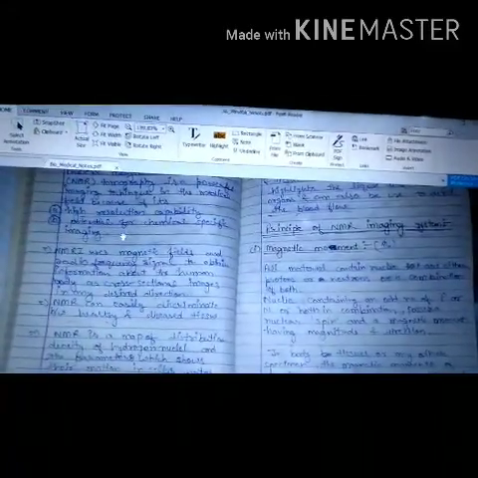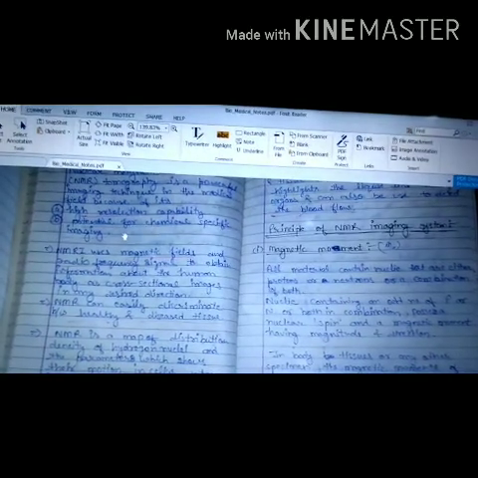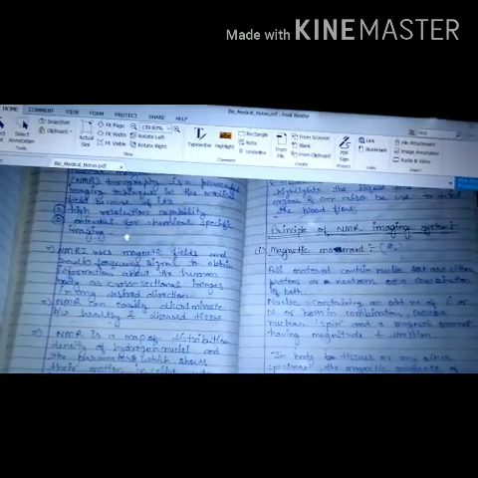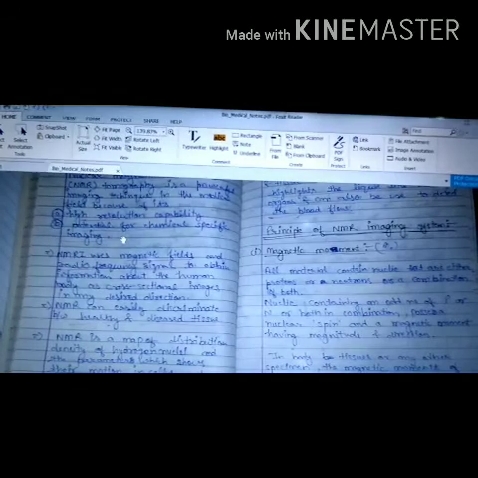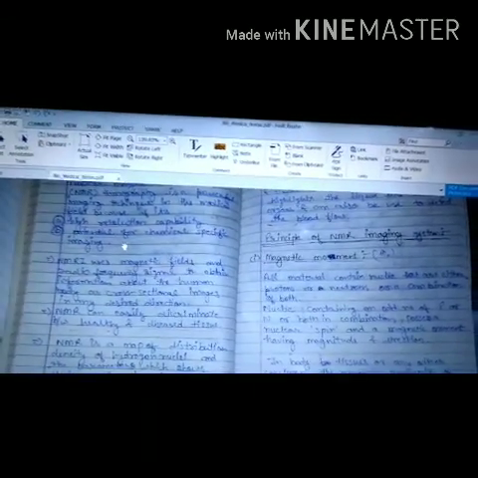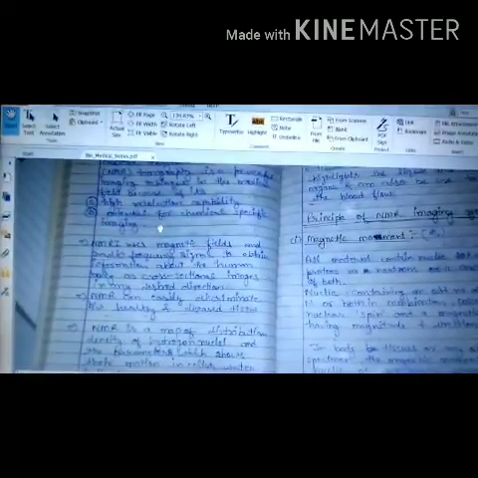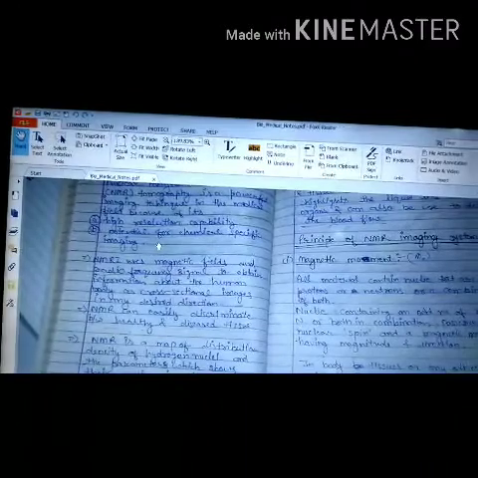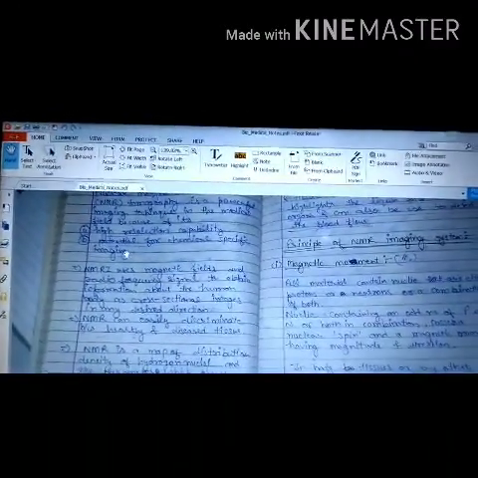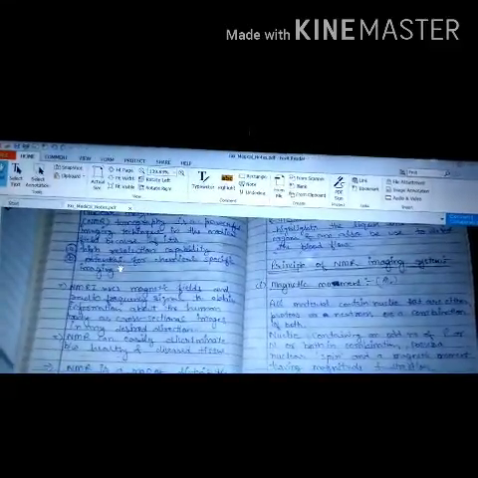Now, NMRI uses magnetic field and radio frequency signals to obtain information about the human body as cross-sectional images, okay, in any desired direction. So with the help of magnetic fields and radio frequency signals, the information can be gathered about the human body, and it can be done in any cross section of the body which is desired.